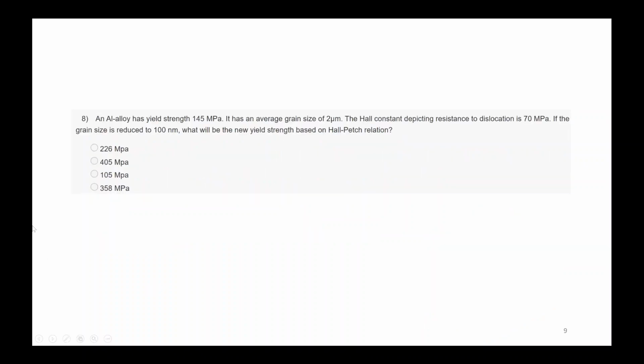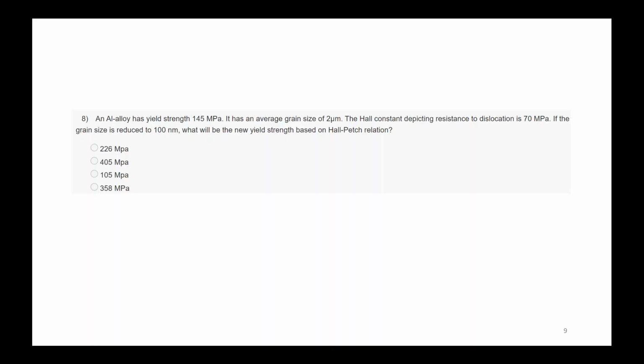Now the 8th question is a numerical. An aluminium alloy has yield strength 145 MPa. It has an average grain size of 2 micrometer and the constant depicting resistance to dislocation is 70 MPa. If the grain size is reduced to 100 nanometer, what will be the new yield strength based on the Hall-Petch relation?